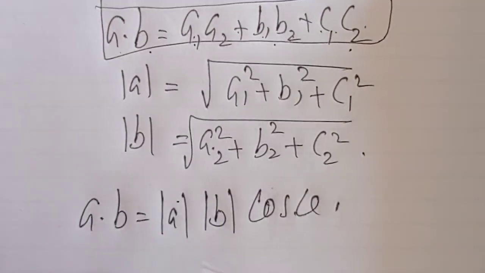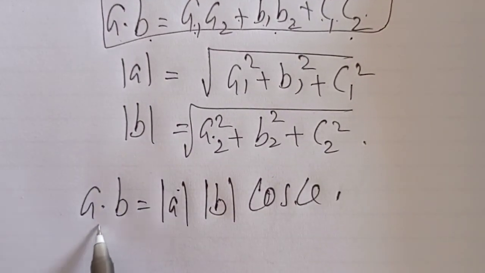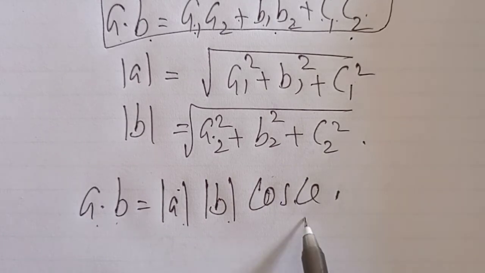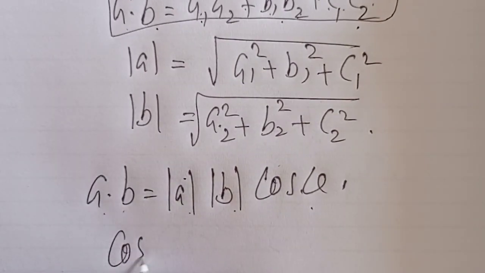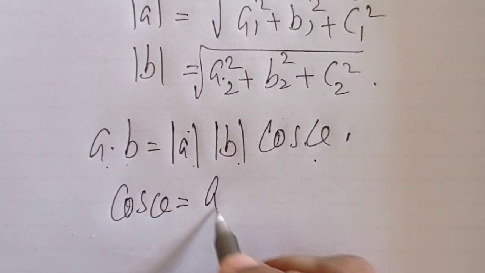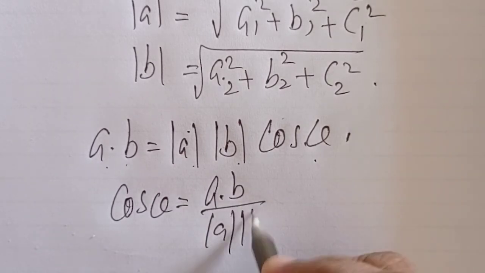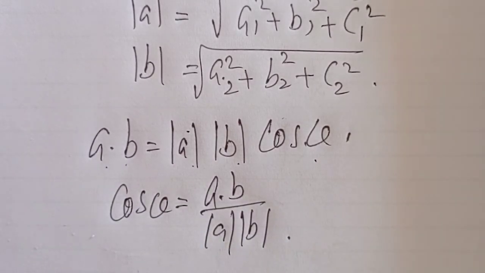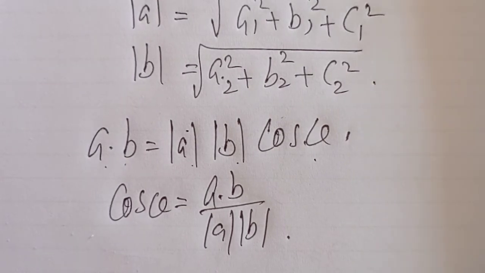But the second one is the geometrical meaning of A dot B, mod A mod B cos theta. From that, cos theta is equal to A dot B by mod A mod B. Right? Isn't it?